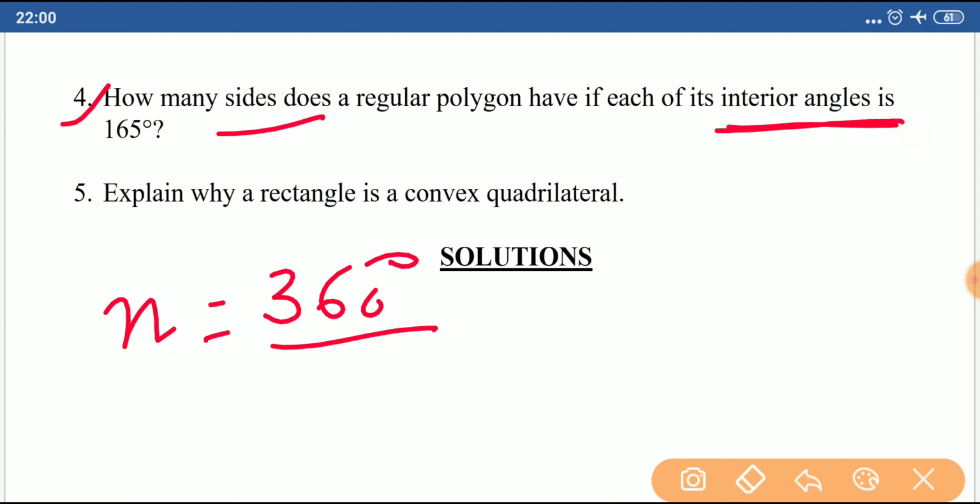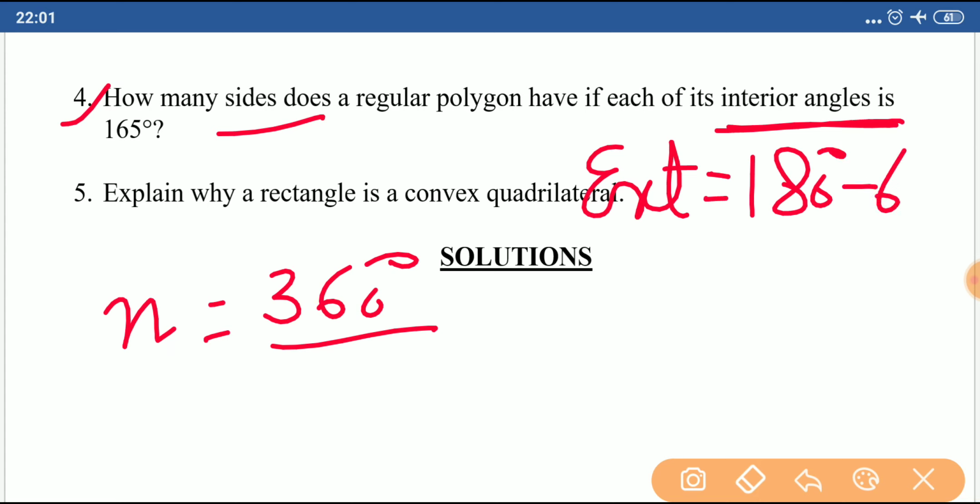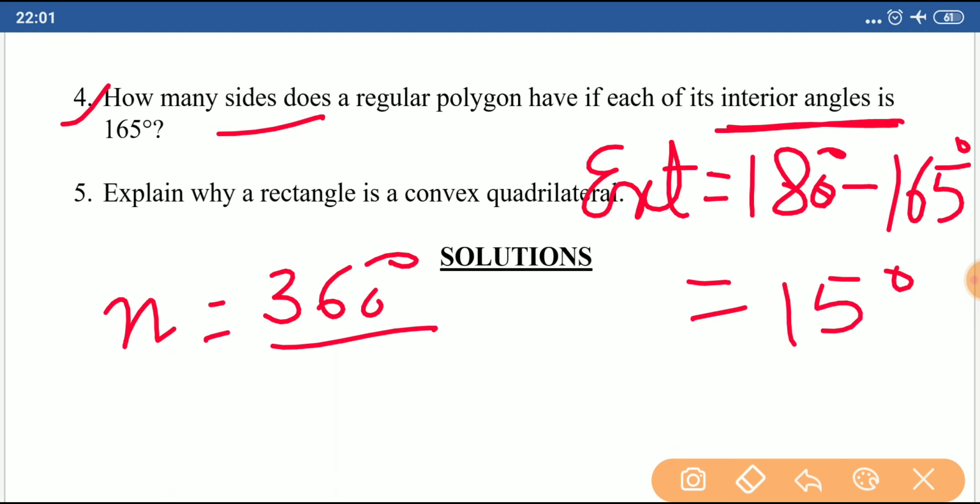So first you will find the exterior. How you will find? To find the exterior angle, you will subtract 165 degree from 180 degree. So you will get 15 degree.